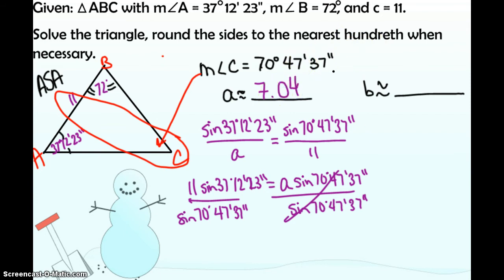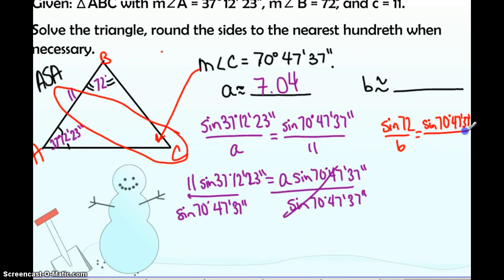We're going to do that same thing for B, except for B we get to use a little bit nicer of an angle. The sine of 72 over B equals, and then we're going to use the ratio that we were given, the angle that we found, 70 degrees, 47 minutes, and 37 seconds over 11.